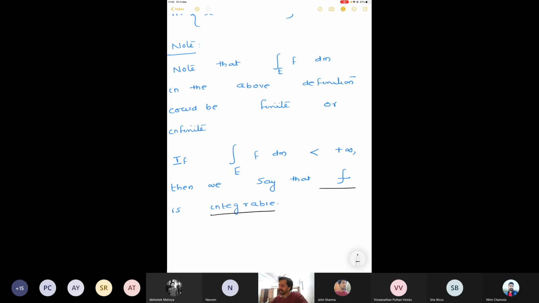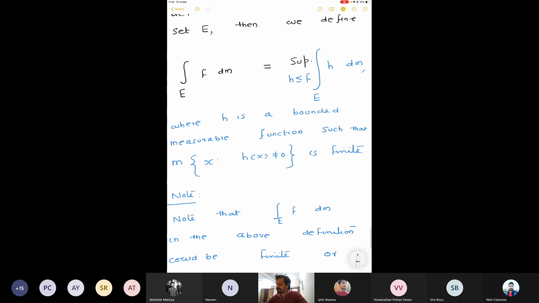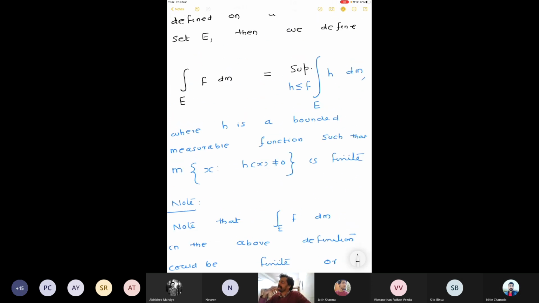Another thing, if you closely observe, those who are curious will have this doubt. Consider level 0. In level 0, you integrated what? Simple functions.